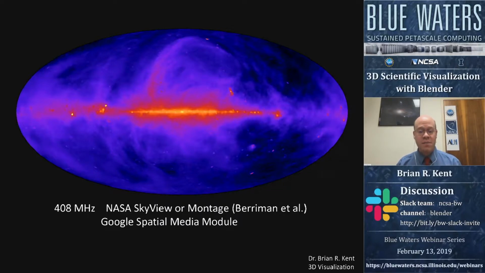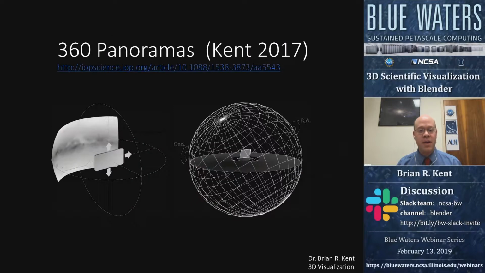So the Google Spatial Media Module allows you to exercise the accelerometer in your phone or tablet and actually view the night sky at different wavelengths. And I have some examples of this on my YouTube channel.